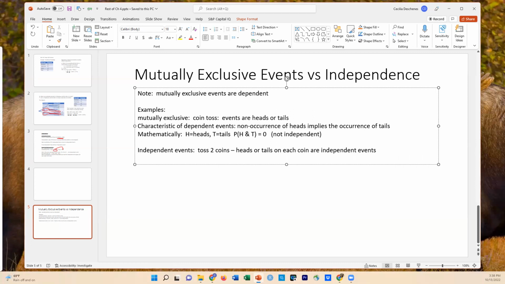Let's set that up. Let X be heads on the first coin and Y be tails on the second coin. Mathematically, the probability of heads on the first coin and tails on the second coin is given by the probability of X times the probability of Y.